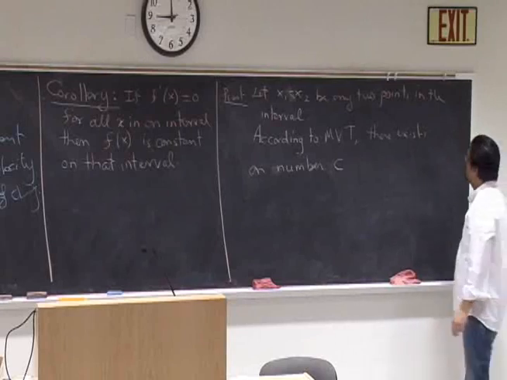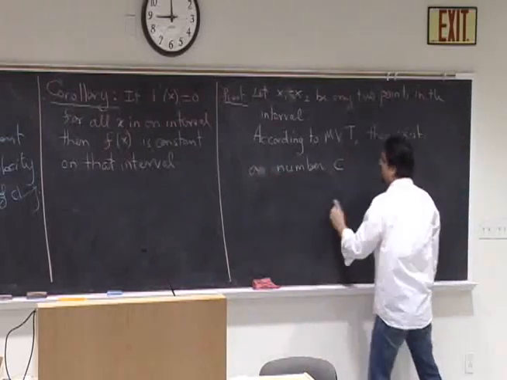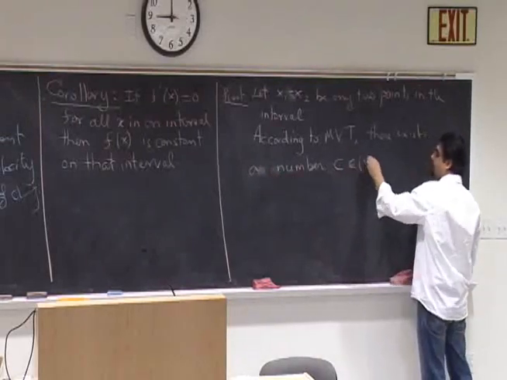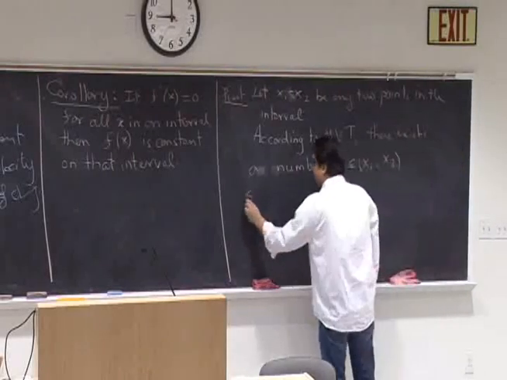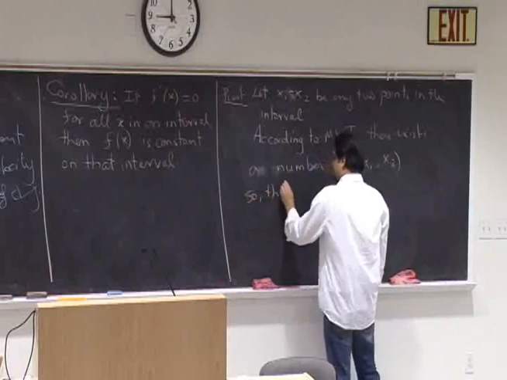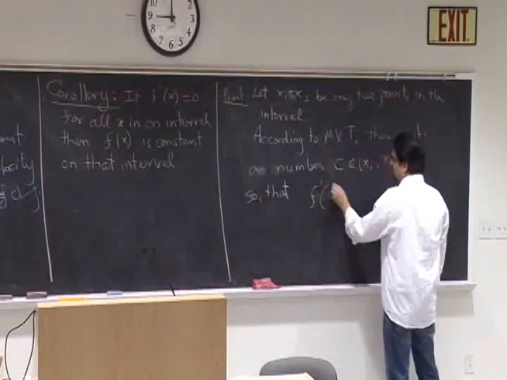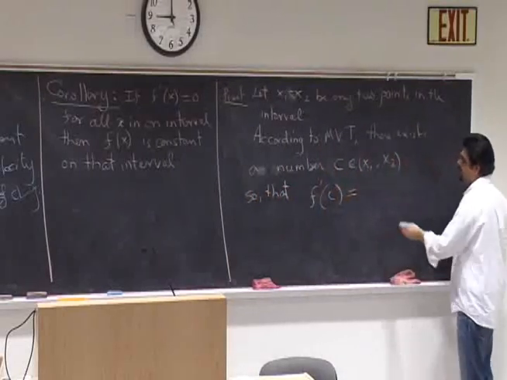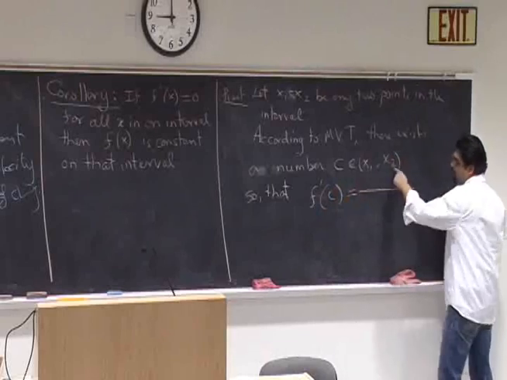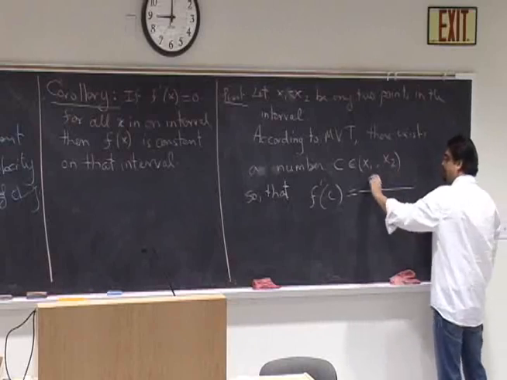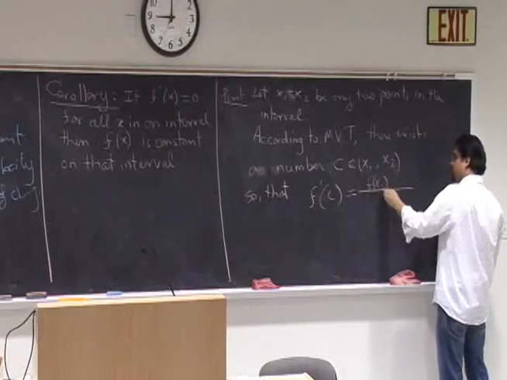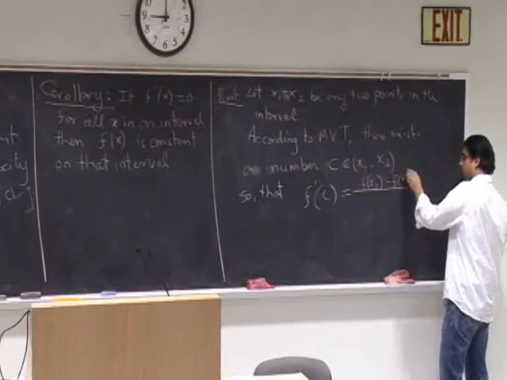There exists a number c between x1 and x2 so that the derivative at c equals the average rate of change. The average rate of change of the function in this interval is what? f of x2 minus f of x1, over x2 minus x1.